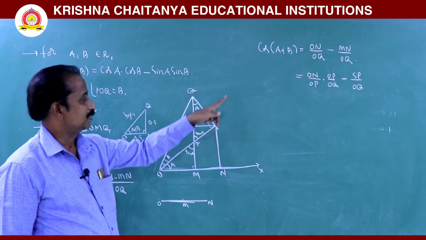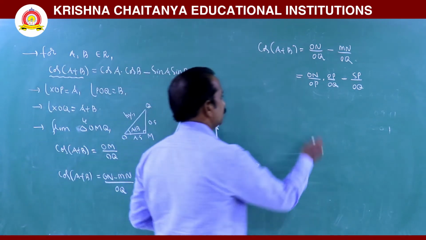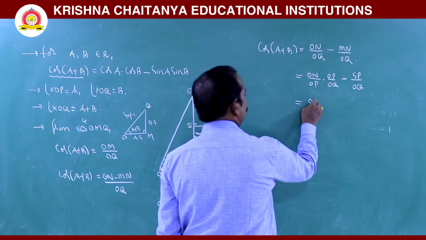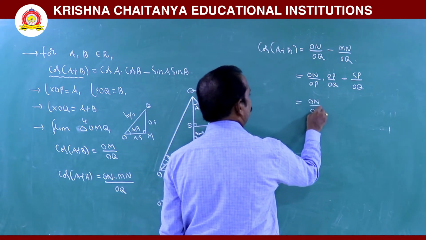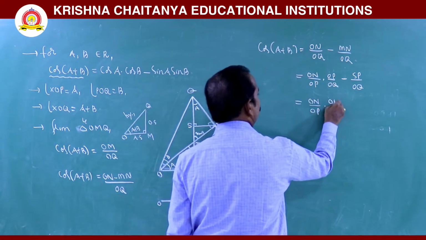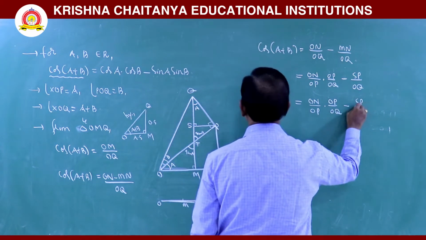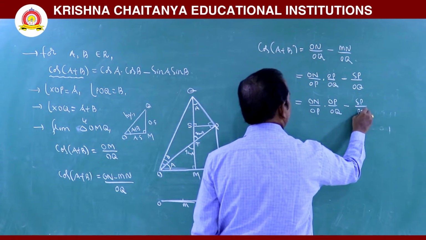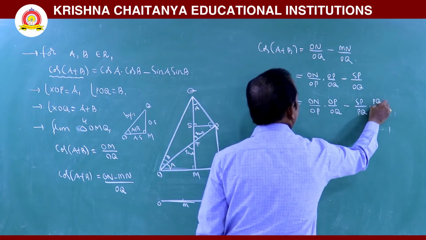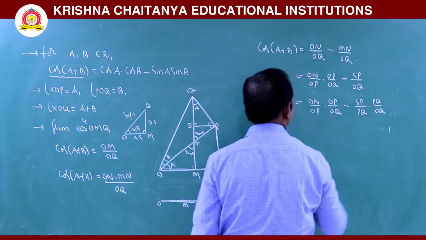Now SP by OQ we arrange like this: ON by OP into OP by OQ minus SP by PQ into PQ divided by OQ.